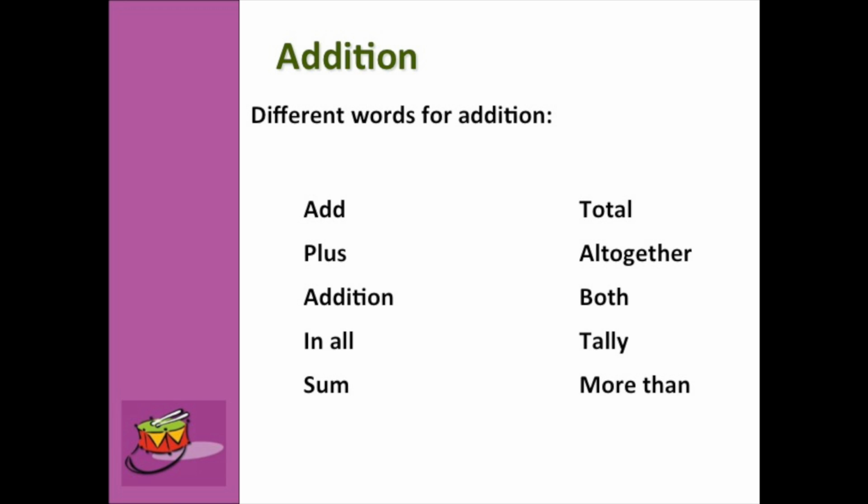So let's look in detail about addition. Now, here are 8 different words that we use that mean exactly the same thing. How confusing is that? Addition can be said add, plus, addition, in all, sum, the total, altogether, both, tally, and more than.